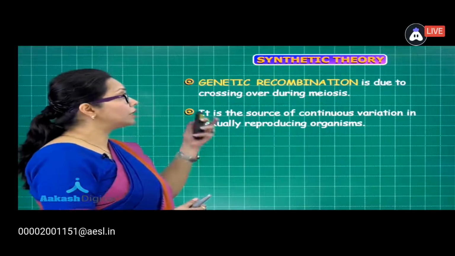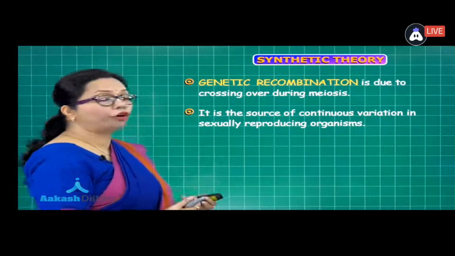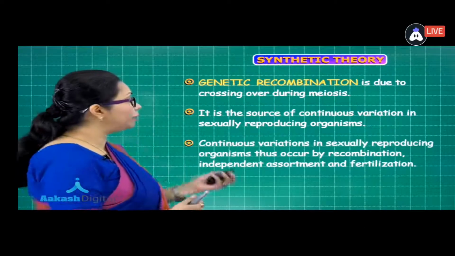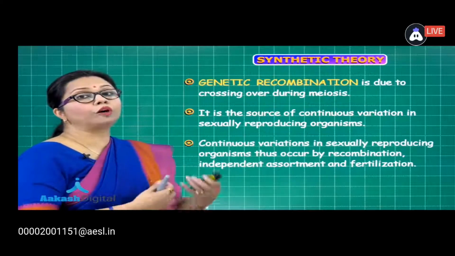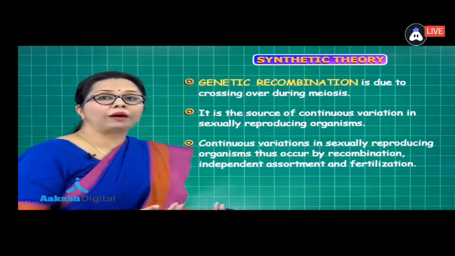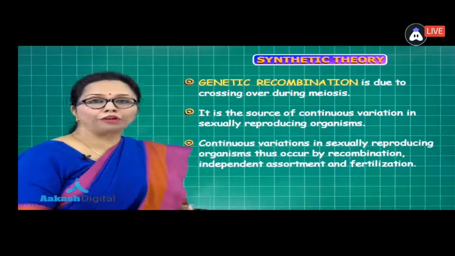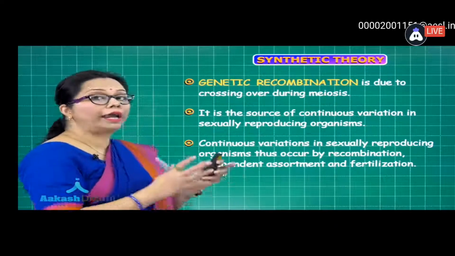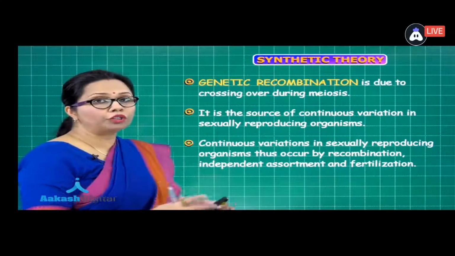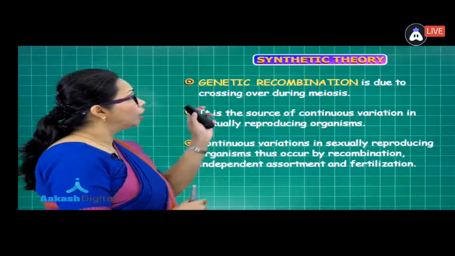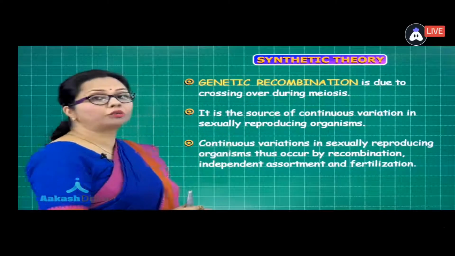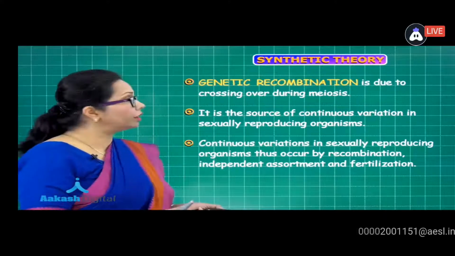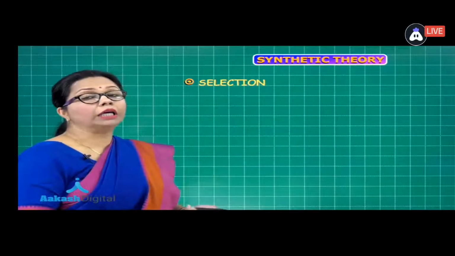Once the homologous pairs of chromosomes have been arranged on the metaphase plate, they are independently assorted, and out of so many different gametes, which two gametes are going to fuse together is also a source of variation. So among sexually reproducing organisms, the entire concept of continuous variation we can link to recombination, independent assortment and fertilization.